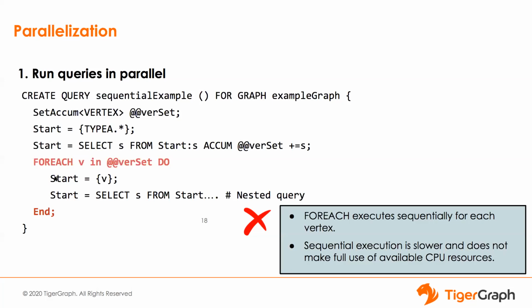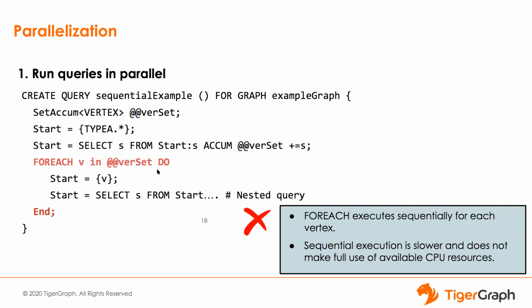For example, this for each statement: all the logic defined inside this for each loop is done sequentially. That means I have to process one vertex and then another. If you have millions of vertices in the set, then this select statement will be executed a million times. That takes a lot of time, right?